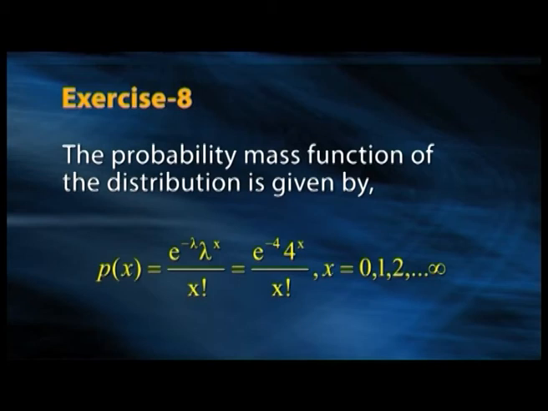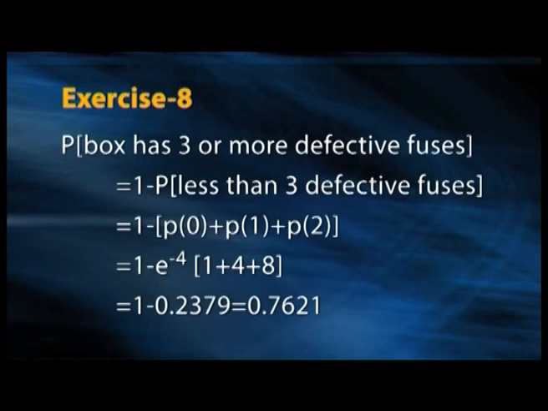Now let us find the probability that a box has 3 or more defective fuses is equal to 1 minus probability that a box has less than 3 defective fuses is equal to 1 minus p of 0 plus p of 1 plus p of 2 is equal to 1 minus e power minus 4 into 1 plus 4 plus 8 is equal to 1 minus 0.2379 is equal to 0.7621.